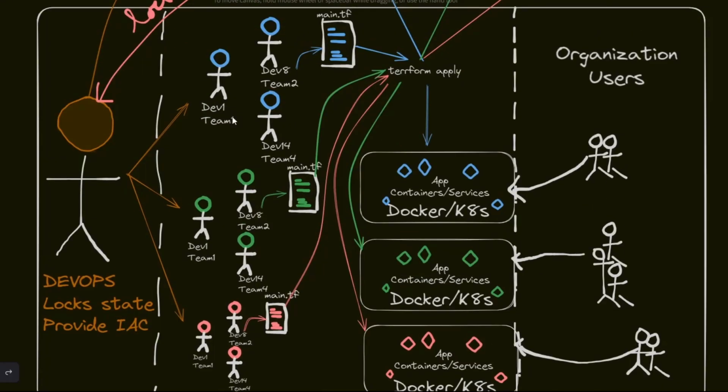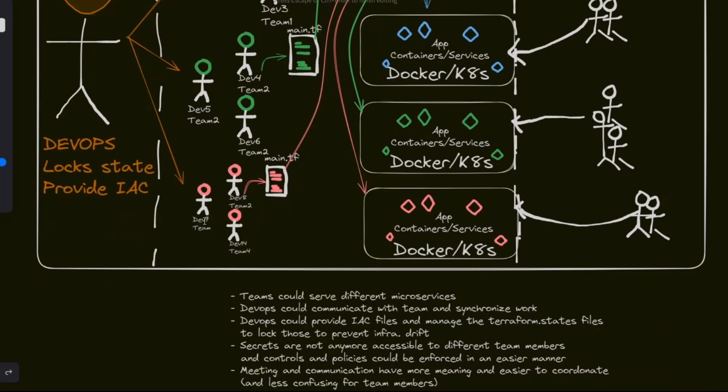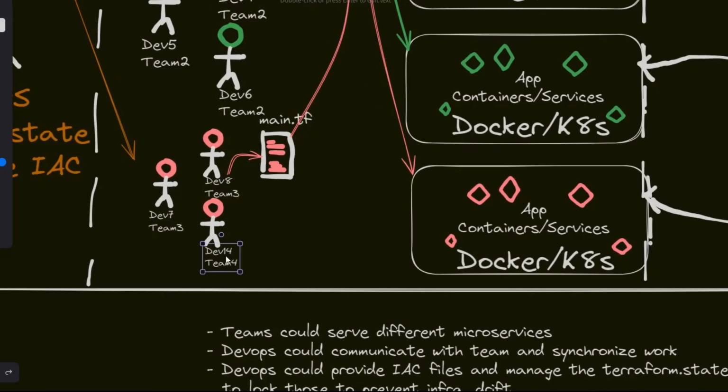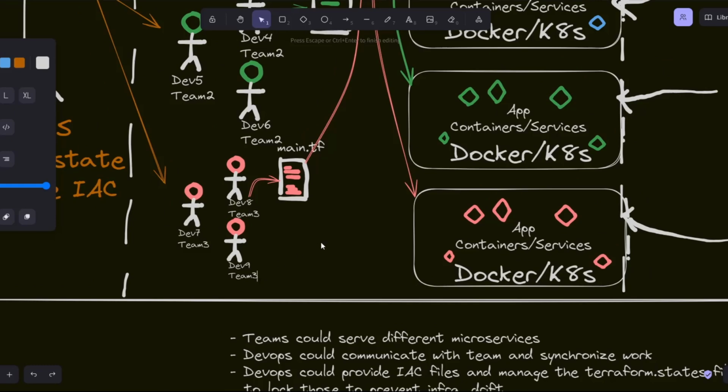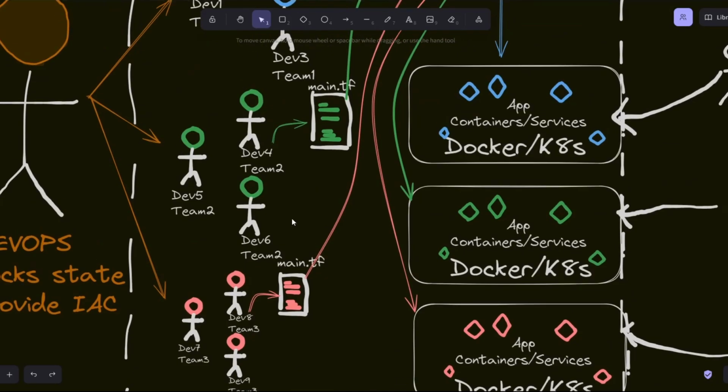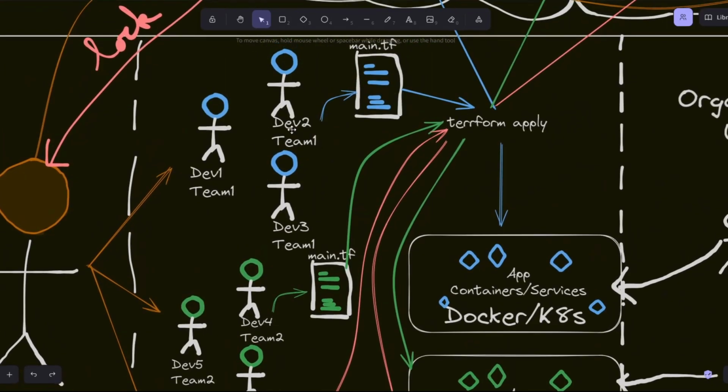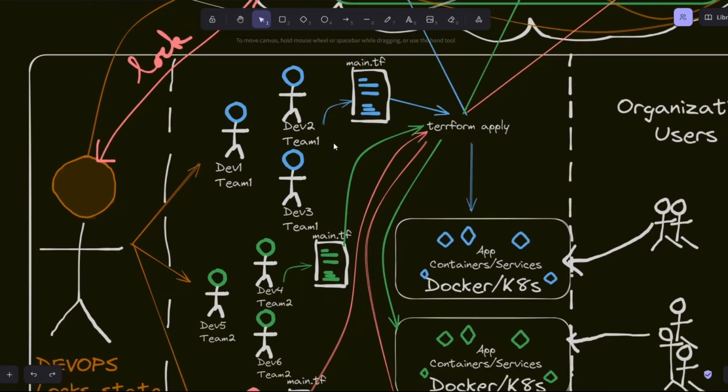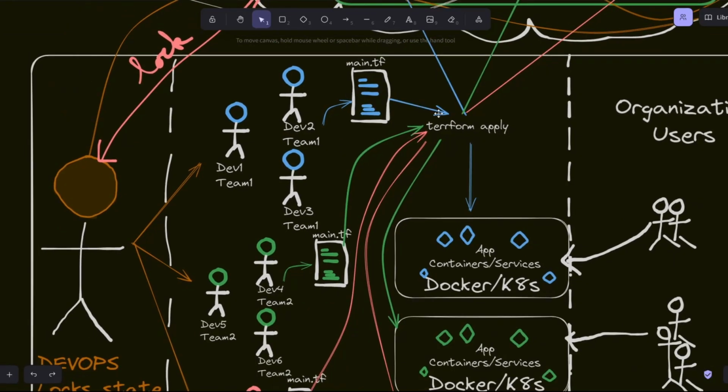And here we have the dev. I'm just going to fast forward this to make sure there's team 1, here we have team 2, and here we have team 3. So we have different devs, different teams. Team 1 is going to run terraform apply.